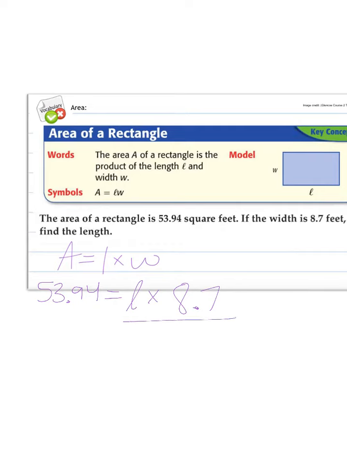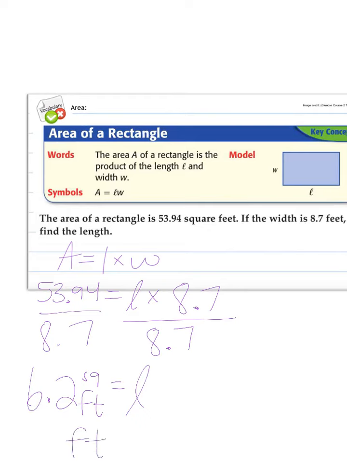We divide each side by 8 and 7/10 to get the length all by itself. I'm going to use a calculator. The length equals 6.2 square feet. Whenever we're talking area, it's always squared: inches squared, feet squared, centimeters squared, because we are doing multiplication. You could write square feet, or you could write feet with the exponent of 2, meaning that we are squaring it.